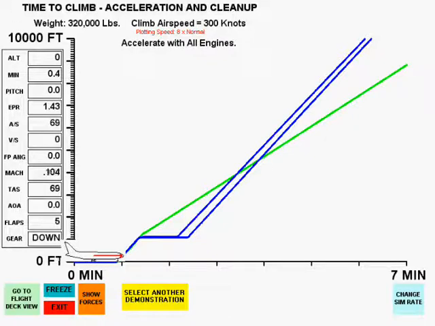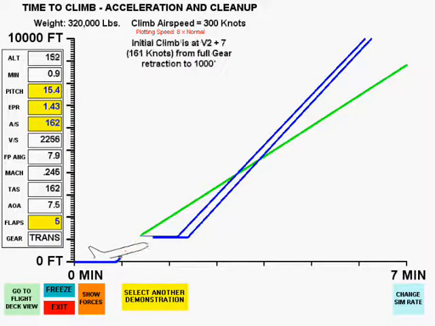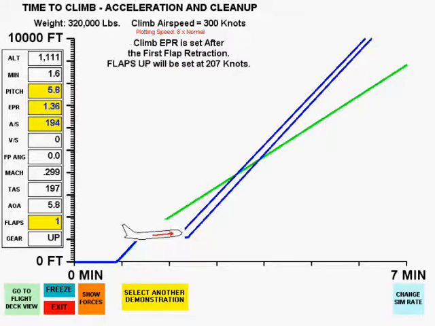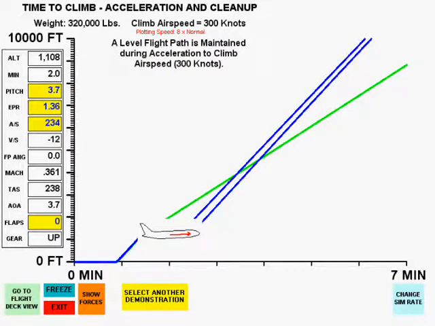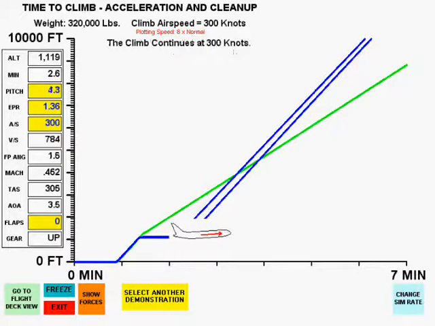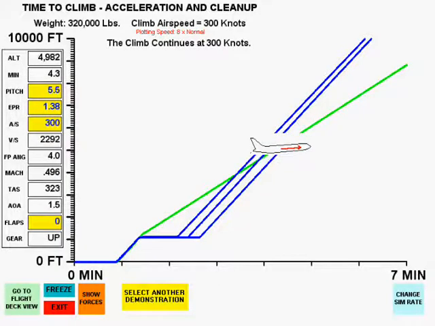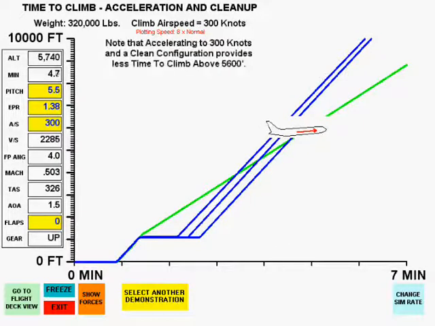Next will be a cruise climb at 300 knots. This break-even altitude is 5,600 feet.